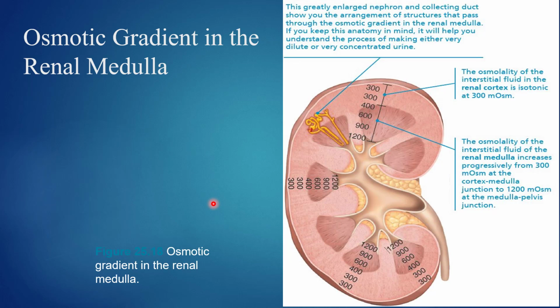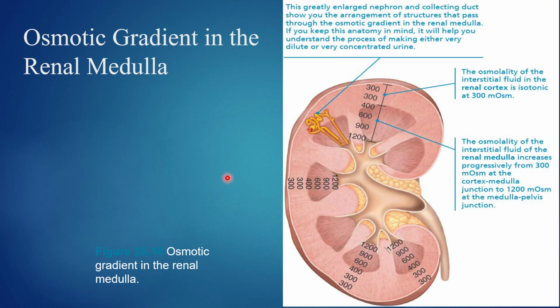Okay, now let's take a look at certain phenomenon that will help us understand how sometimes we think that we are producing urine that is concentrated, and sometimes we produce urine that is not so concentrated. Let's take a look at and discuss the osmotic gradient in the kidney itself.